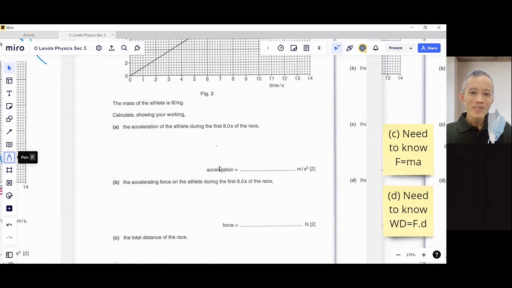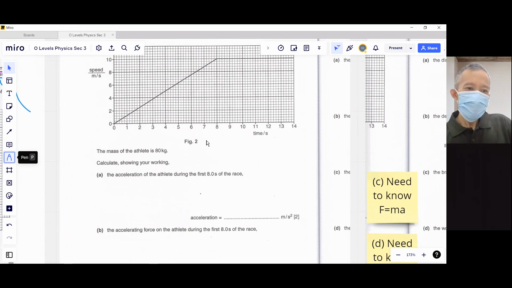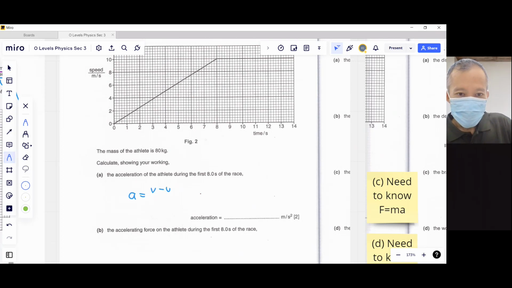It applies for 2B, Timon. Okay, 2A should be easy. It's as easy as it gets. I would say these are standard. Timon, what do you get for A, by the way? 0.5? Okay, actually I can't remember the answer, but let's work it out. You use your formula. Make sure your final velocity or final speed is 10, initial is 0.